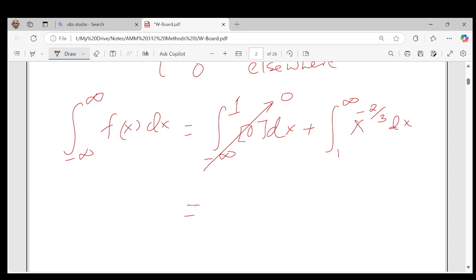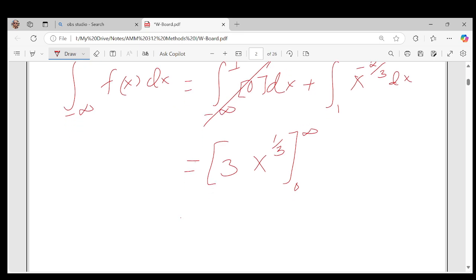So that we get, when we integrate the second integral here, 3 x raised to power 1 over 3, and x increases from 0 to infinity. So that this will be 3 multiplying the limit as x approaches infinity of x raised to power 1 over 3 minus 0.